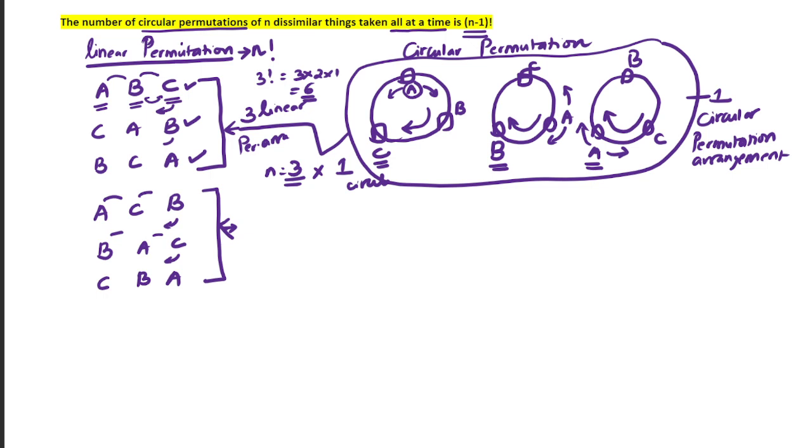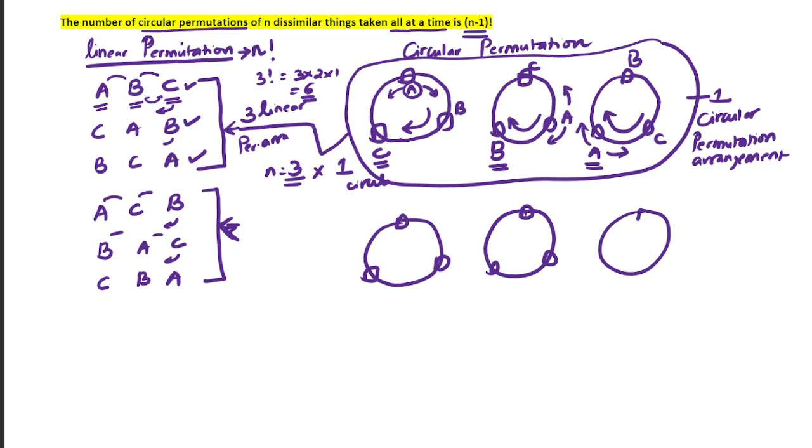So let's get to these 3 other linear permutation arrangements and see whether they are actually the same when it comes to circular arrangements. So again, a circular table with 3 chairs, and I'm going to have A, C, B, B, A, C, C, B, A.